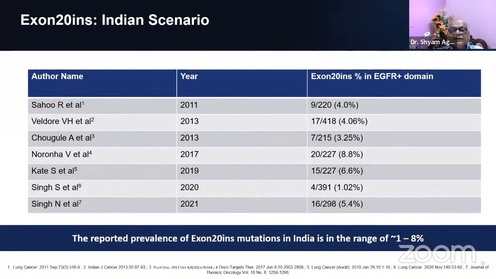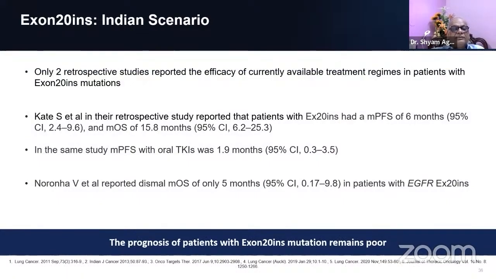So what about the Indian scenario? Again, you see from various centers, the incidence of the exon 20 insertion is 1 to 8%. Next, the maximum is from Tata, from Nornoha. So only 2 retrospective studies are reported for efficacy, and the CATE study reported an exon 20 insertion PFS of 6 months and a median overall survival of 15.8 months.